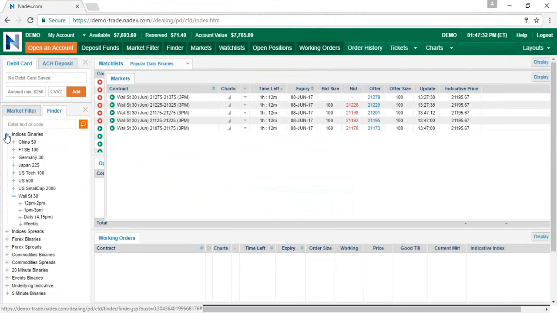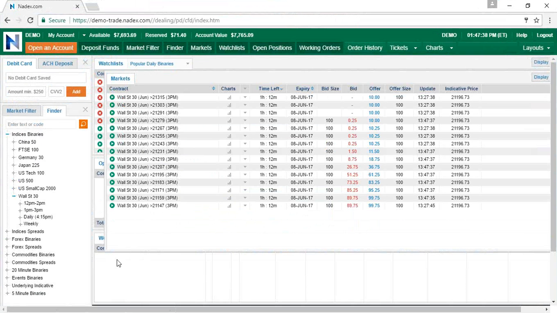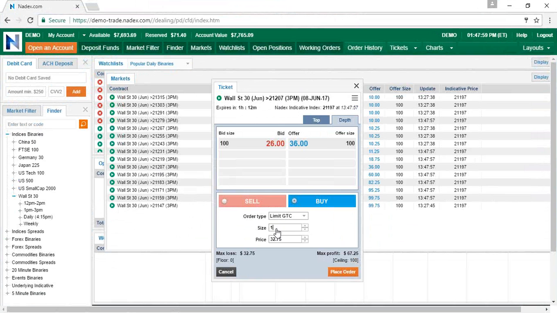I'm going to go back to binaries, because I know a lot of you are binary traders. Again, binaries and spreads do not work the same, but I want to get this point across to you. This is very, very important to understand. If I buy this binary right here and the market goes up and it expires profitable, in the money, how much do I make?